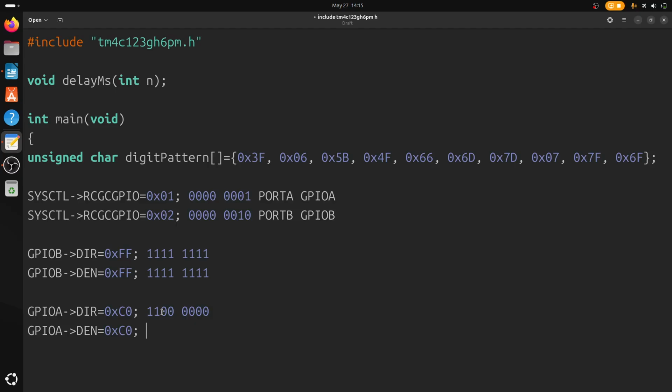Also I'm not using any analog operation here. Why do I need to set it to digital? Because it can be analog also, right? And these are the setup.